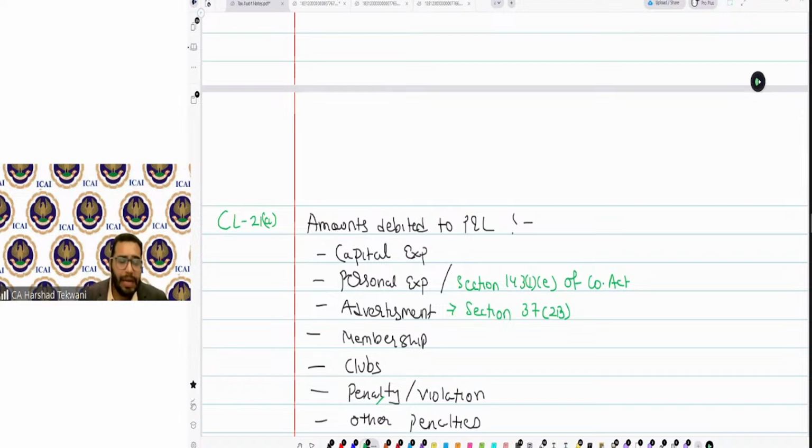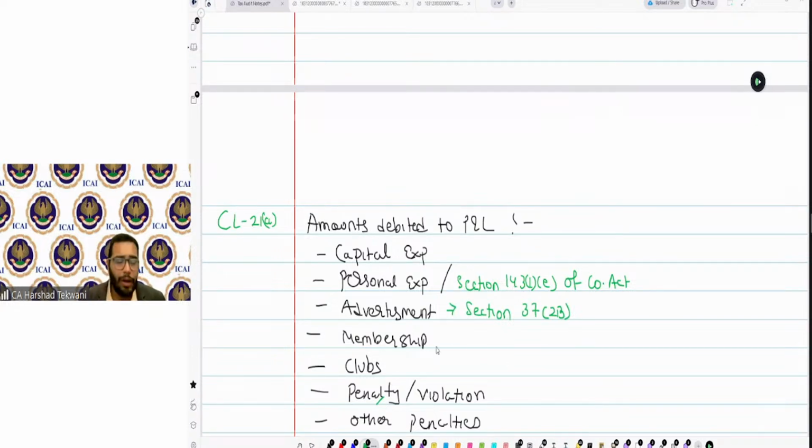Again, there are certain provisions under sections 80GGB and 80GGC which allow deduction in respect of contributions made by corporate and non-corporate assessees respectively to political parties. And that is again required to be reported separately in clause 33 of Form 3CD. So I'm not talking about that contribution, but this is expenditure by way of advertisement. Okay. Then you have memberships that are required to be reported.